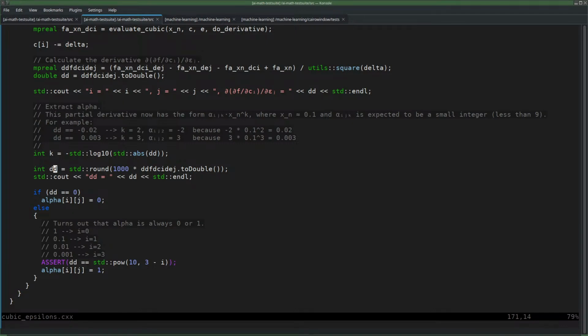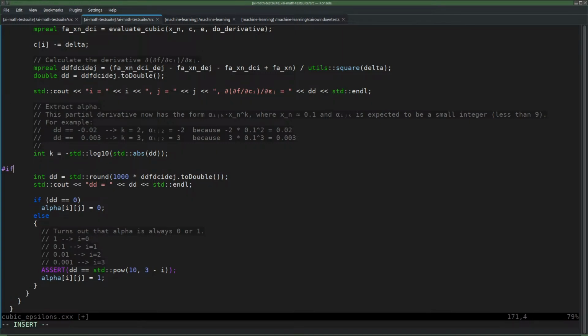It doesn't work anymore. This is work in progress.